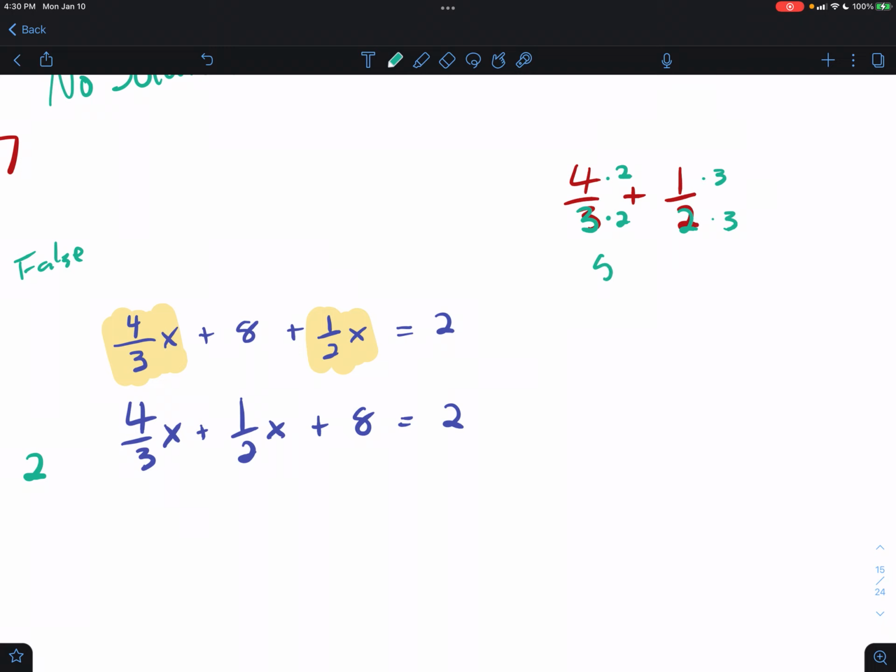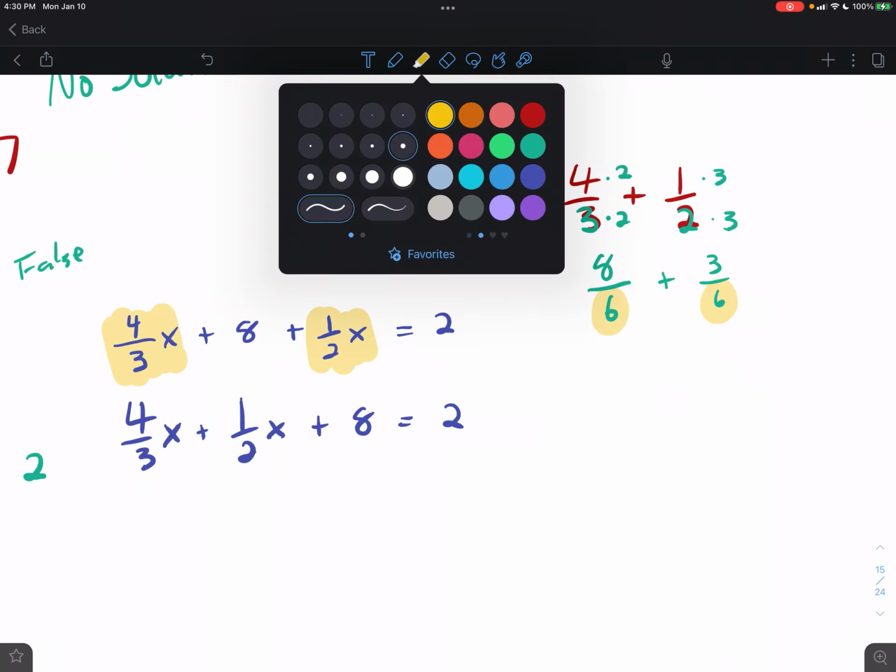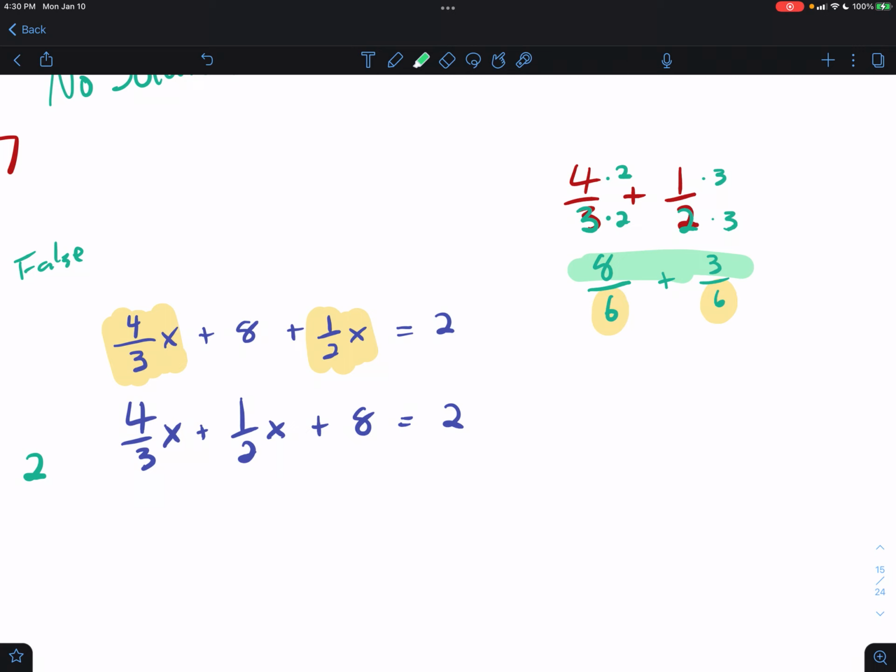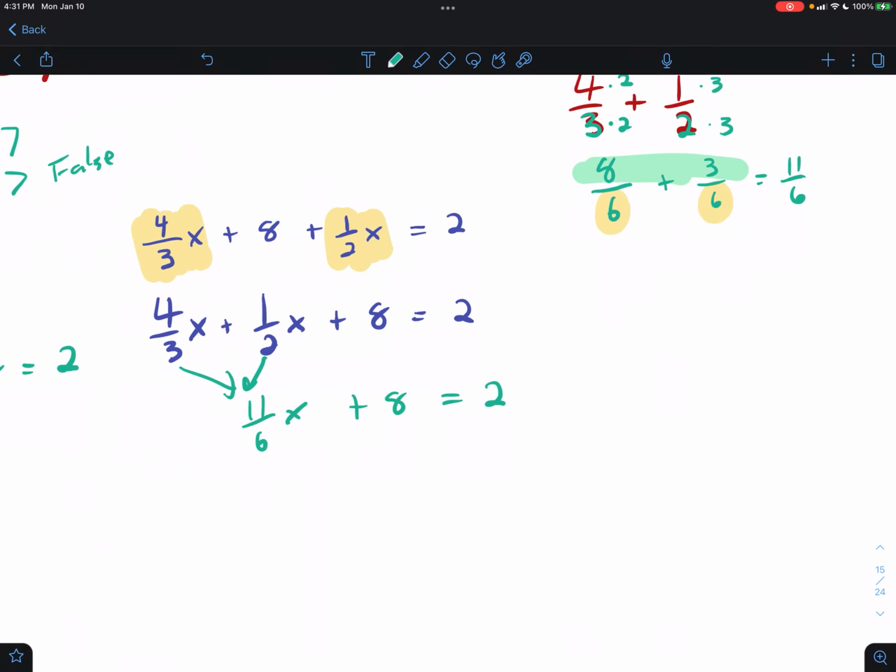So I get 8/6 plus 3/6. Now we have common denominators, and we can just add across the top. 8 plus 3, 11/6. So these two combine to give us 11/6x. Bring down the plus 8 equals 2. And then we continue solving.